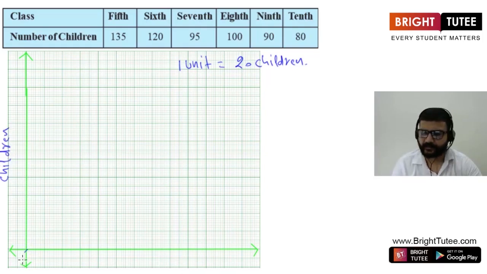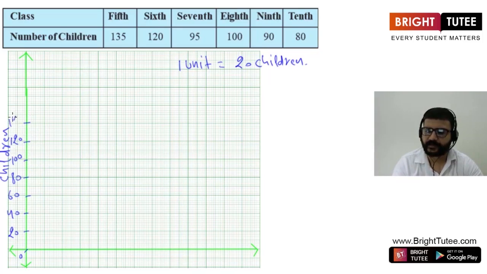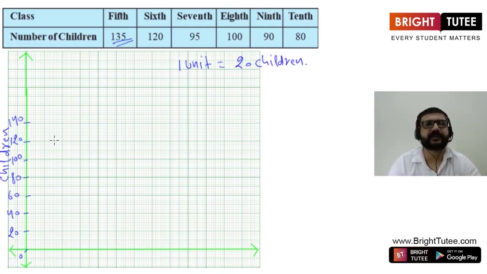This point is 0, and then this one will be 20, 40, 60, 80, 100, 120, 140. So till 140 it is enough, because the highest number here is 135, which we have to represent on the graph.